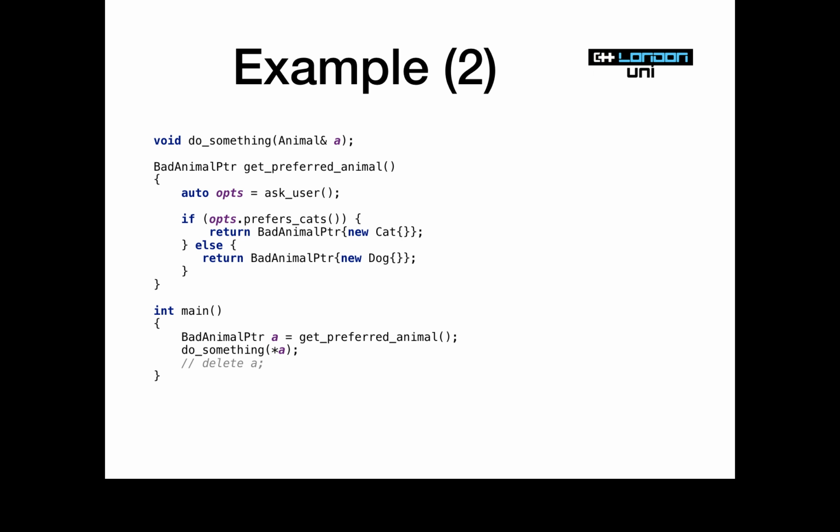No matter how we leave the scope, so if do something throws an exception, then in the old case we would never execute the delete line. That would be really bad. But here, it's done in the destructor. That's guaranteed to run. So we're guaranteed to call delete.